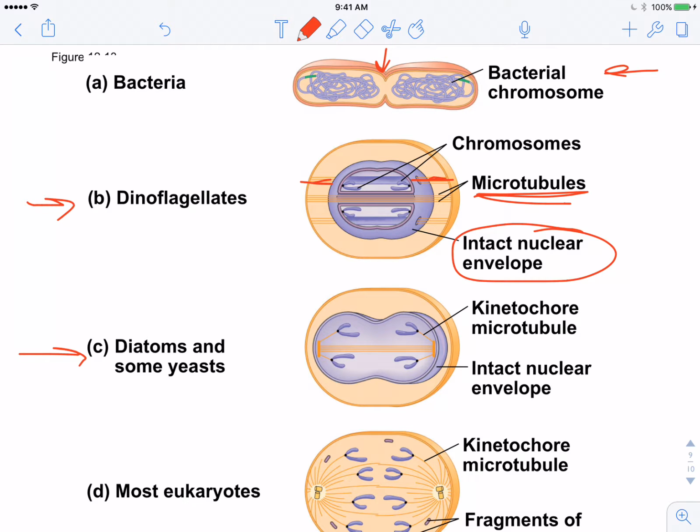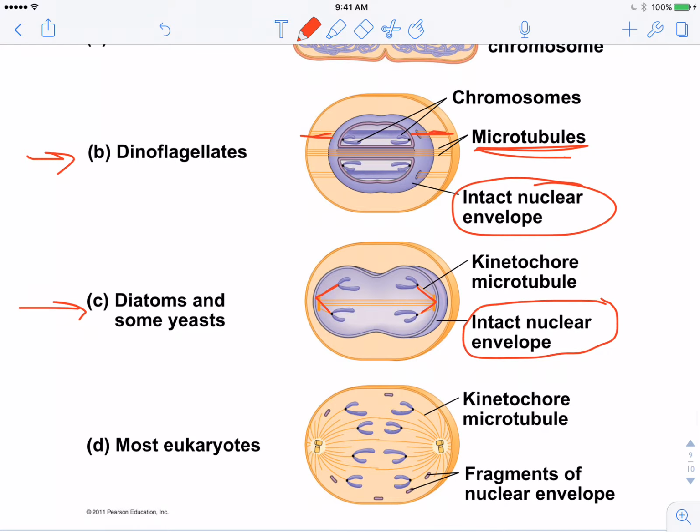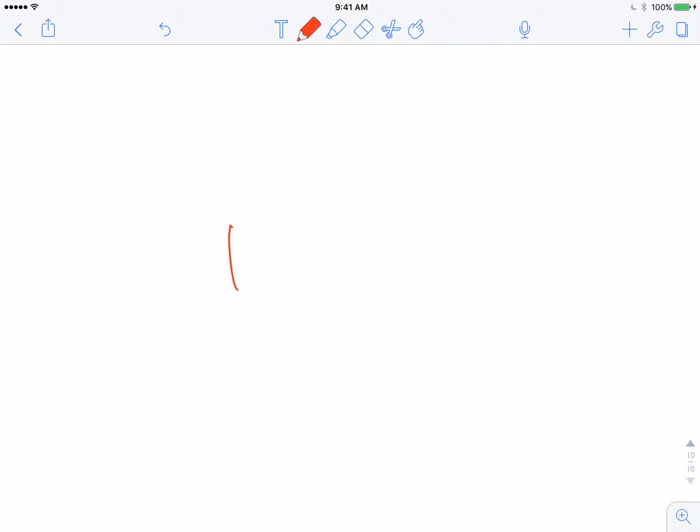In diatoms and some yeasts, again the nuclear envelope remains intact, but now the mitotic spindle is contained within the nuclear envelope, and it's starting to look a lot more like the mitosis we all know and love. Then in our eukaryotes, we have our familiar form of mitosis. The nuclear envelope dissolves, and the mitotic spindle moves the chromosomes to either end of the cell. And that's it for mitosis.